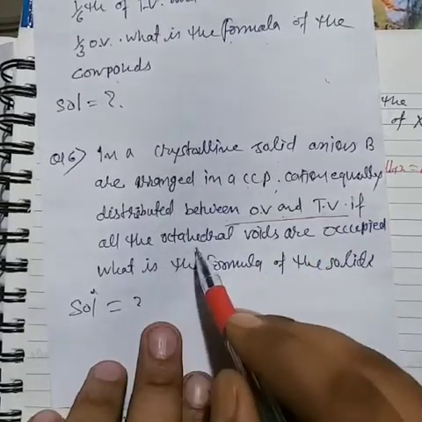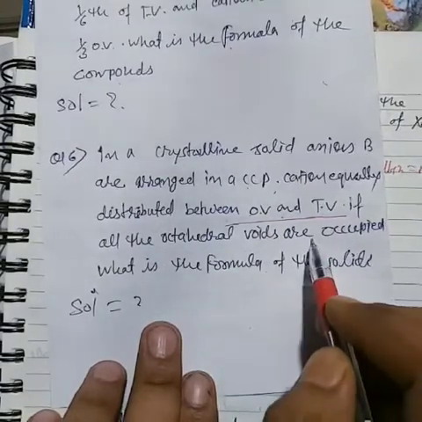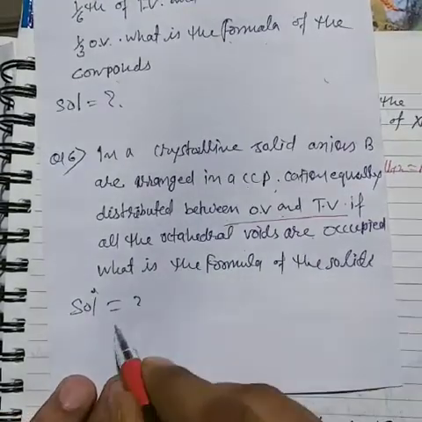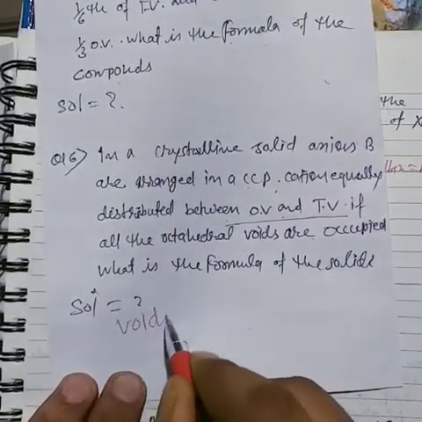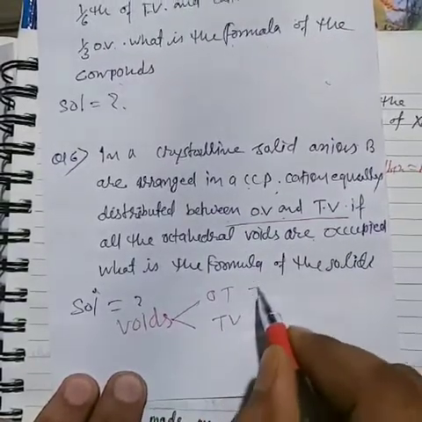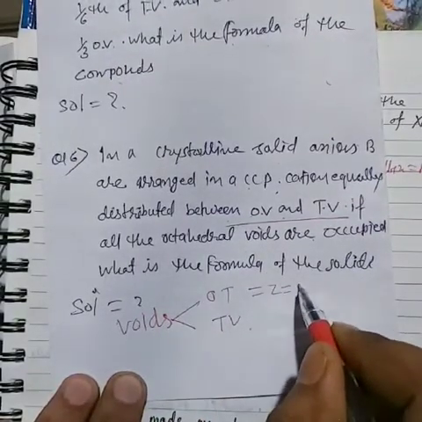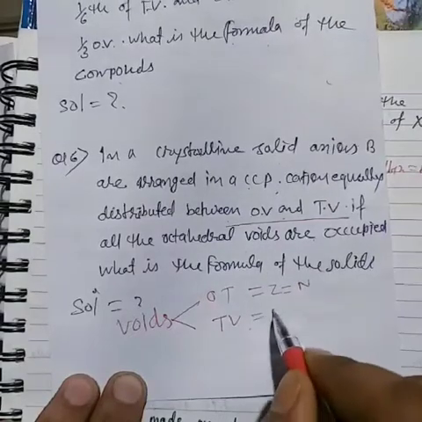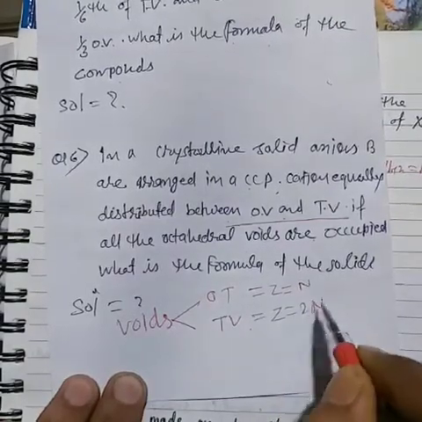If all the octahedral voids are occupied, how many octahedral voids are there? That means voids are of two types, octahedral voids and tetrahedral voids. Octahedral voids Z which is equal to N, and tetrahedral voids Z which is equal to 2N.